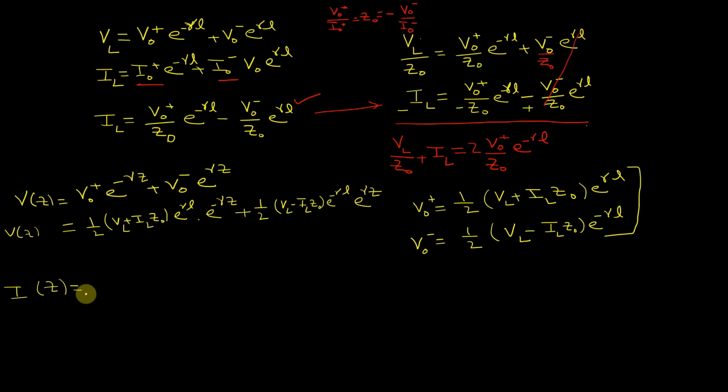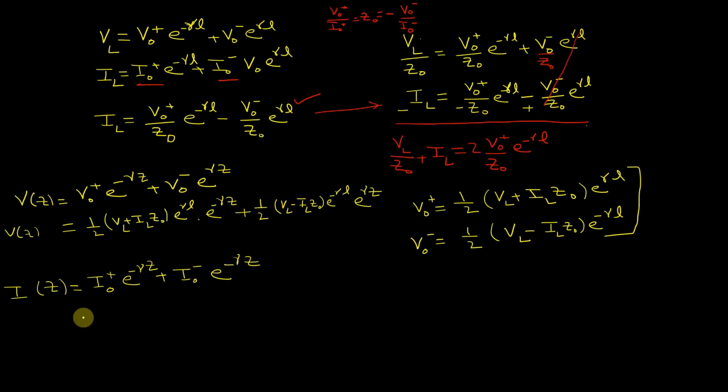Iz was I naught plus e raised power minus gamma z, minus I naught minus e raised power gamma z.